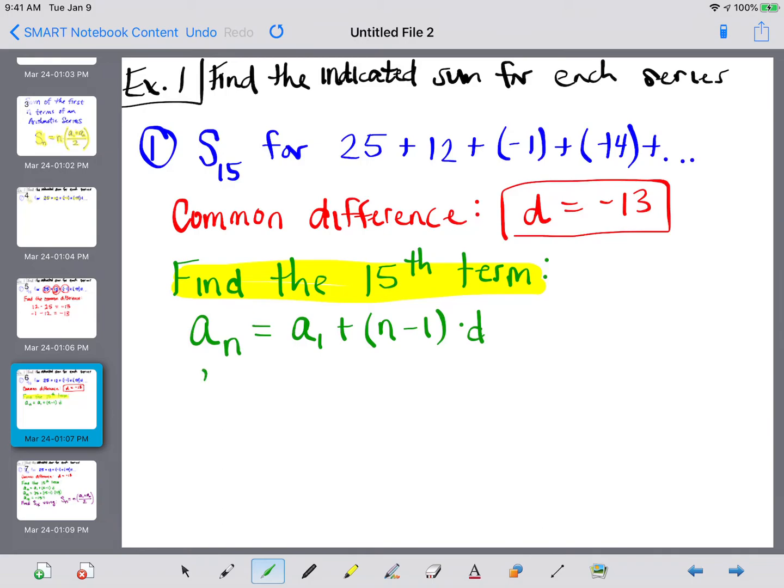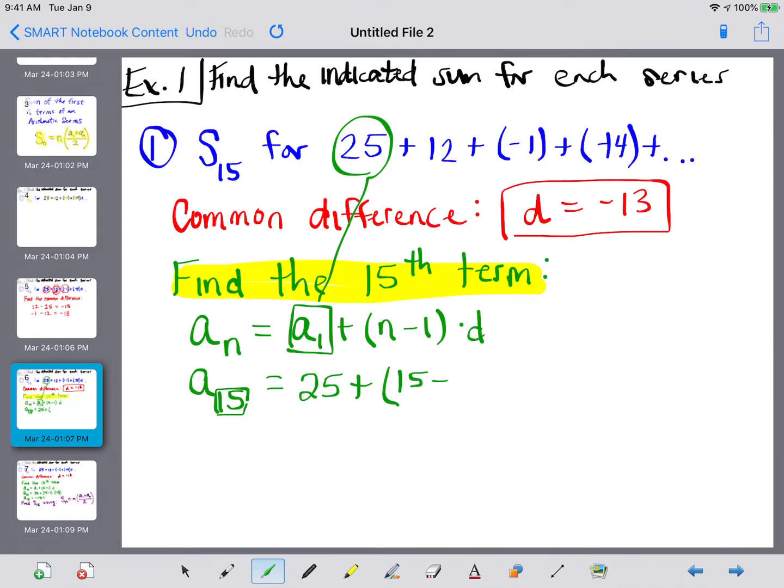So in this case, we want to find the 15th term. The first term of the sequence is 25, so I'm going to replace a sub 1 with 25. N in this scenario, since we are trying to find the 15th term, is 15 minus 1. And the common difference we found on the previous page is negative 13.